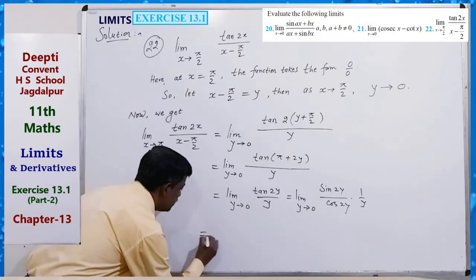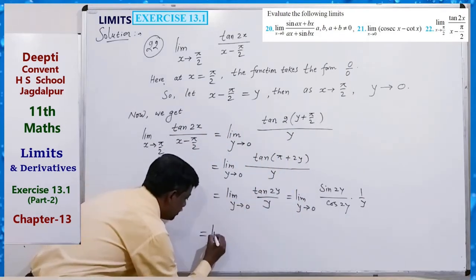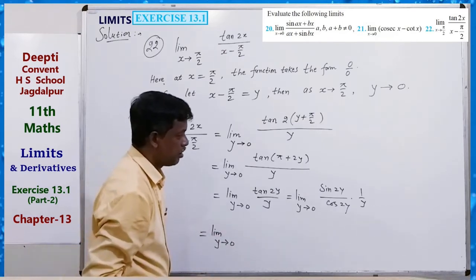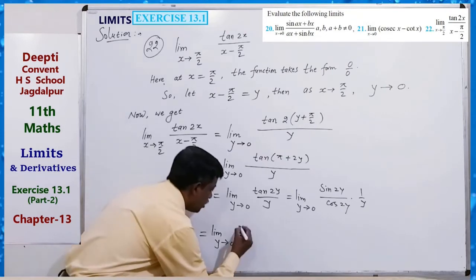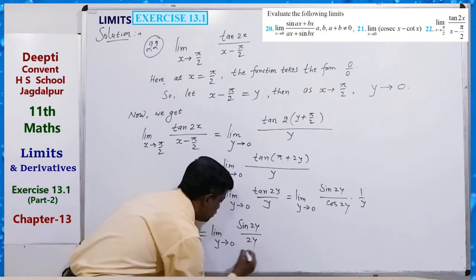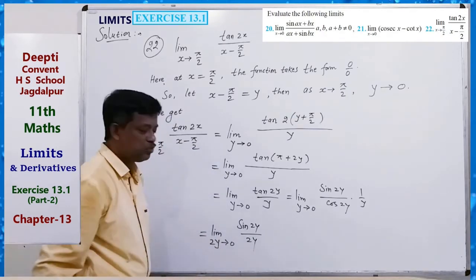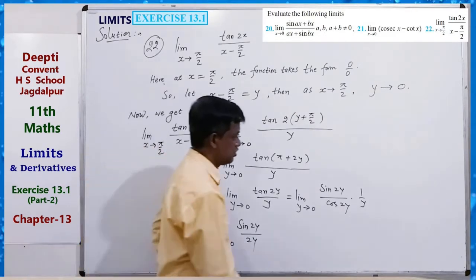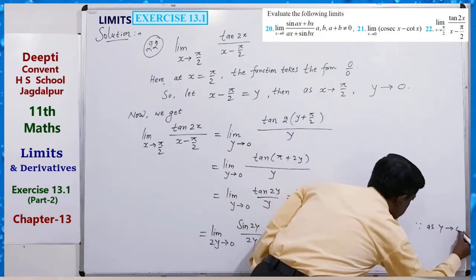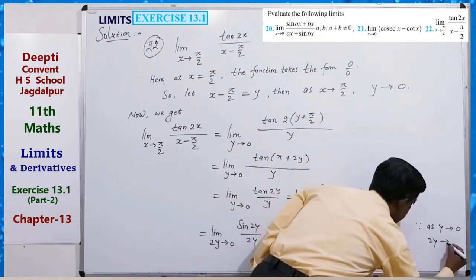So this can be written limit y tending to 0 sin 2y upon 2y. We can write 2y tending to 0 also, since as y tending to 0, 2y also tends to 0.